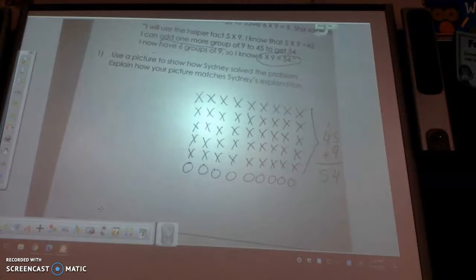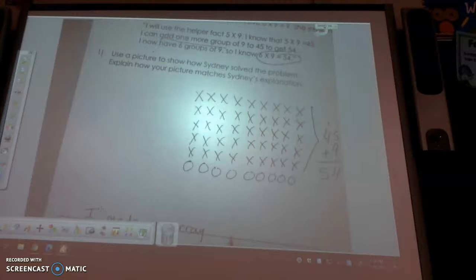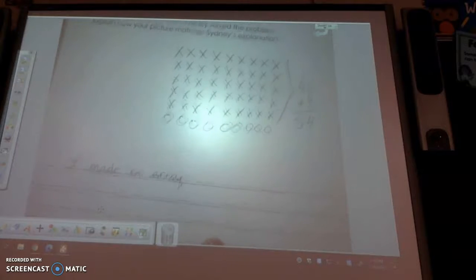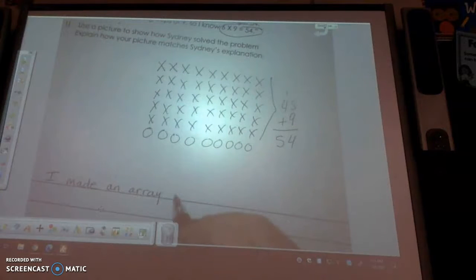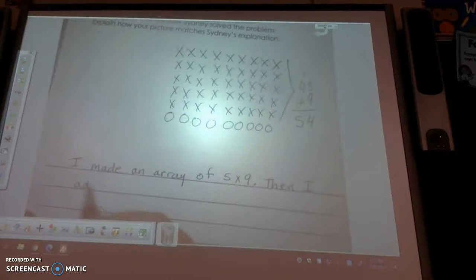matches what she did. So you will write, I made an array. Oops, I'll put it up so you can see what I'm writing. I made an array of 5 times 9. Then I added another row of 9.